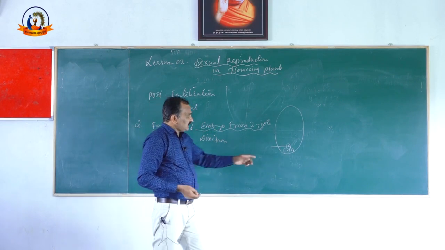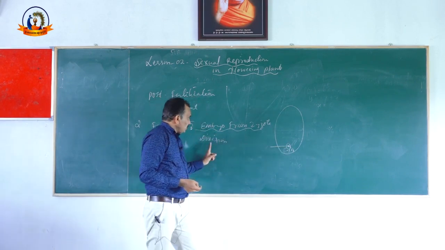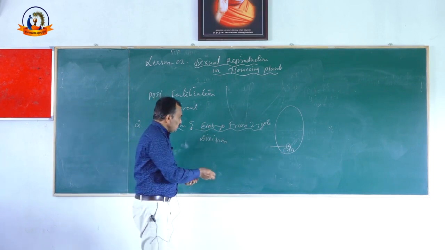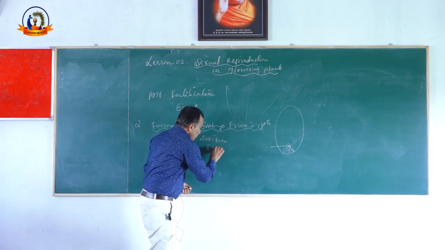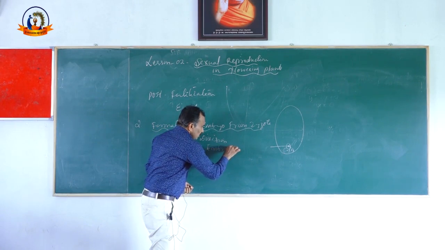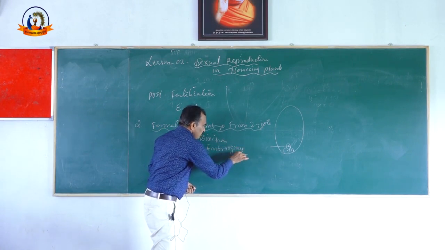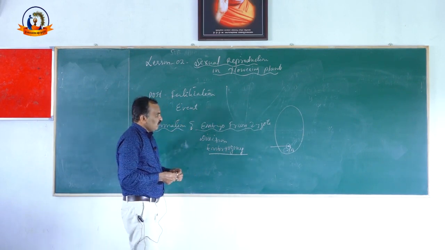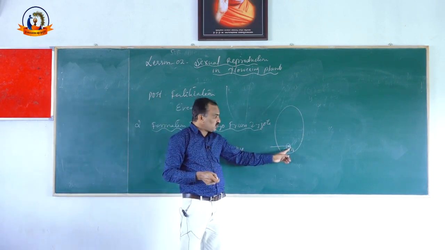That means this zygote undergoes mitotic division to produce embryo. The process is called embryogeny. What is embryogeny? Embryogeny is the process of the formation of embryo from zygote, right?